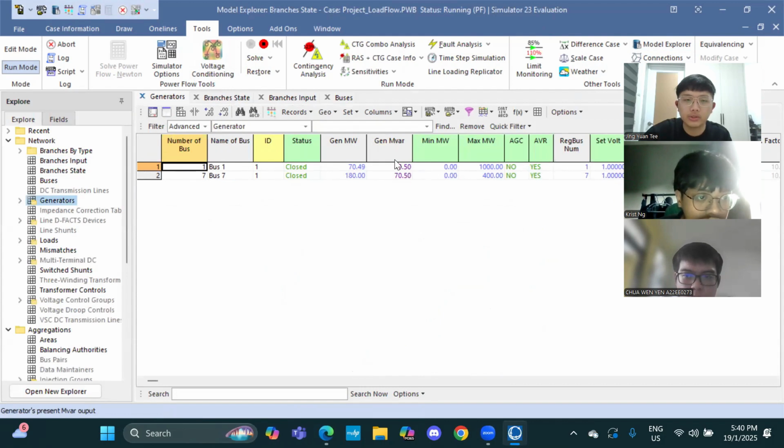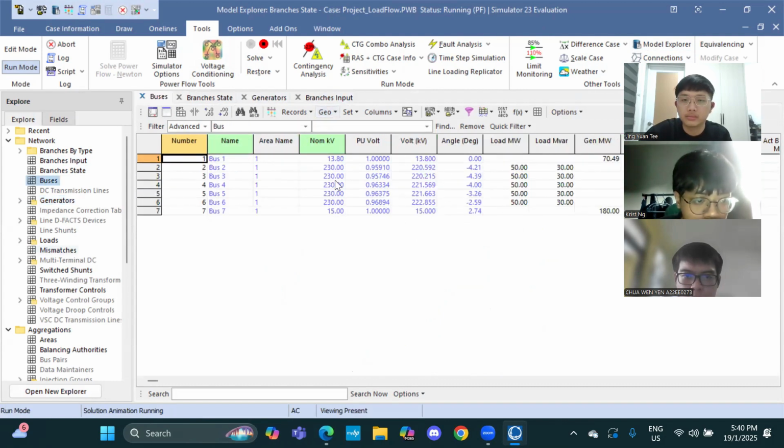That is the Q value, which is good for the circuit because we don't need Q in this case. And we check the buses. All right, let me pass it to my member to explain the situation in case 1 and case 2.